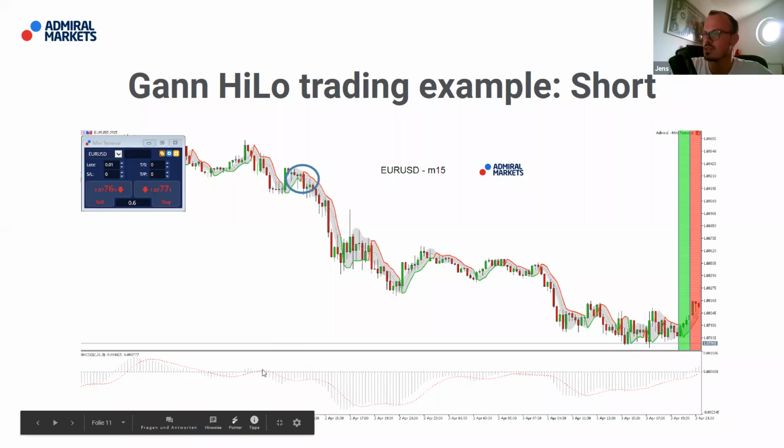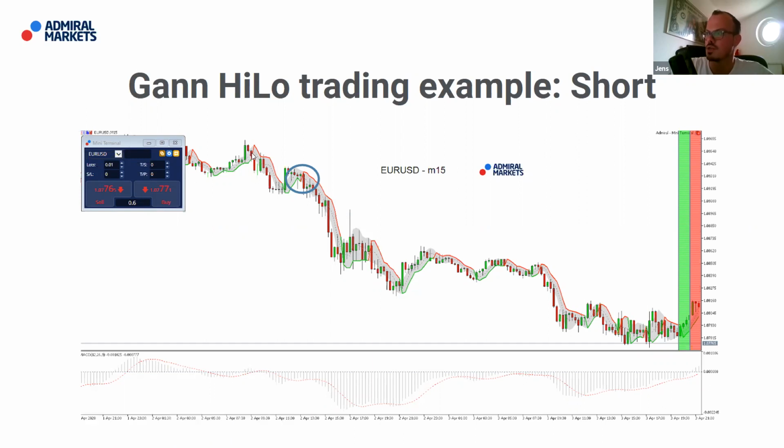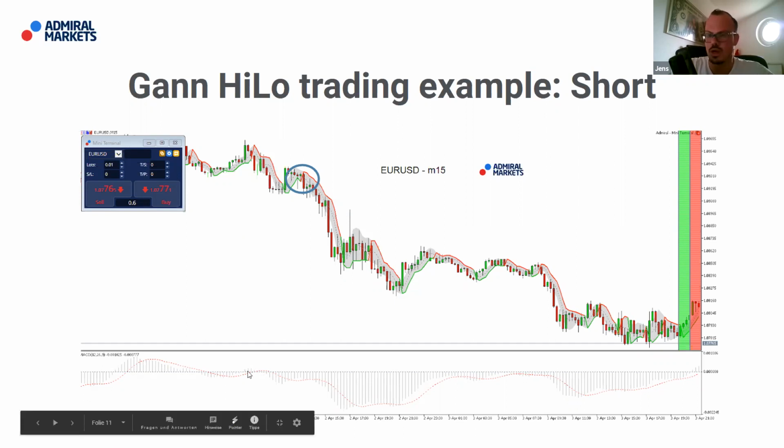The histogram here switches to the positive side, so it's slightly positive. So once the cross took place, we had no signal generated. Why? Because while the price crossed below the Gann Hi Lo activator, the histogram was positive, and that's why we had no signal here.